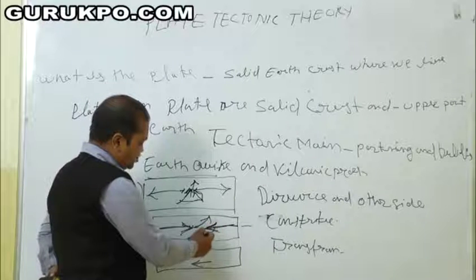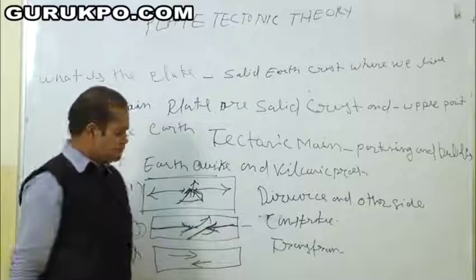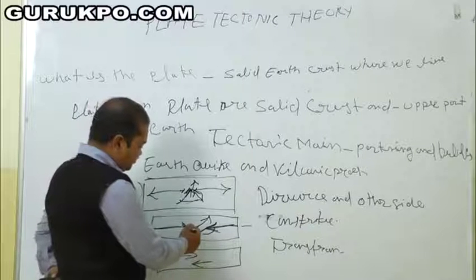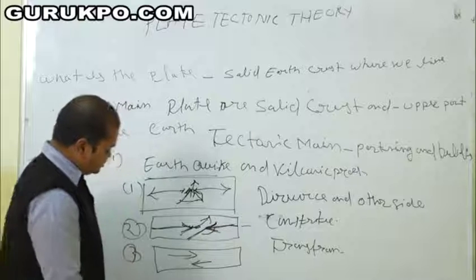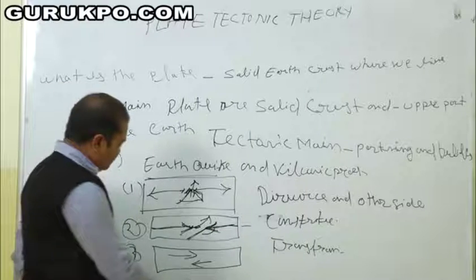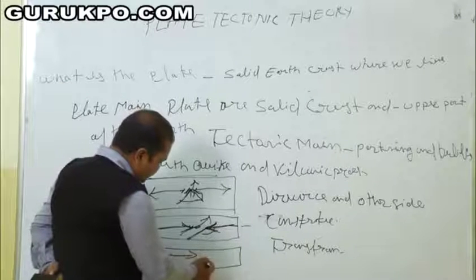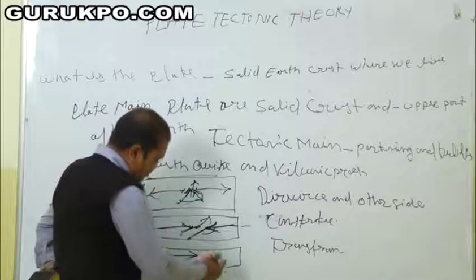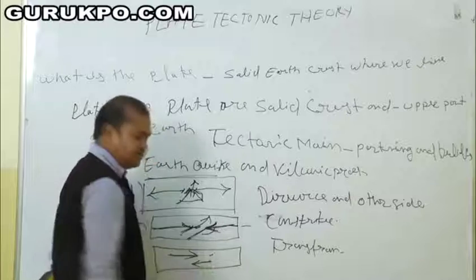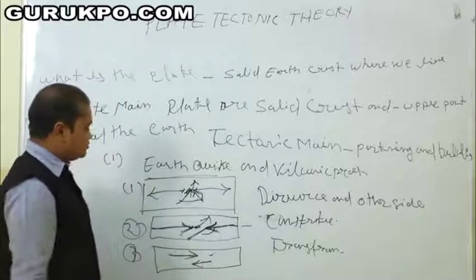This angle generated is 45. That is why some plates are moving in directions. Third one is transform plates. Transform is moving the plate side to side and moving there. It does not destroy the earth surface.